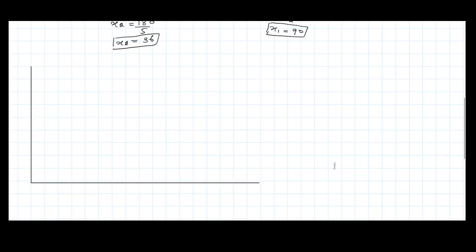Let us first represent the x1 axis and the x2 axis. Given that all the feasible solutions are in the first quadrant, that's why we are only considering the first quadrant.